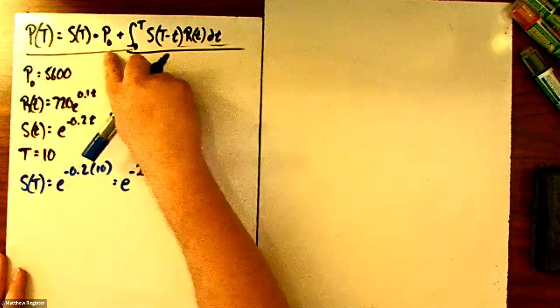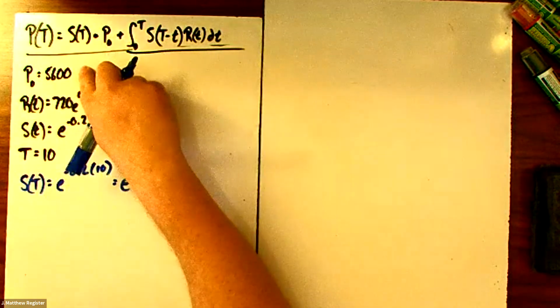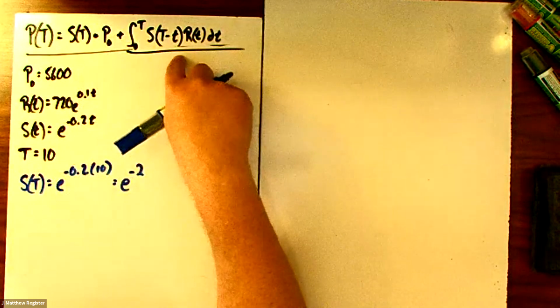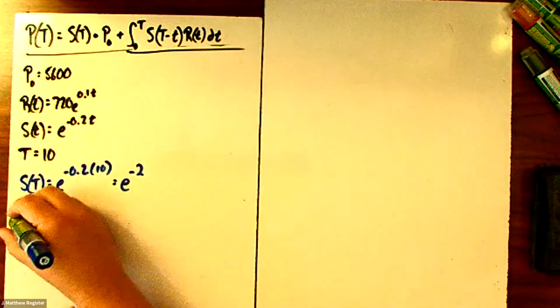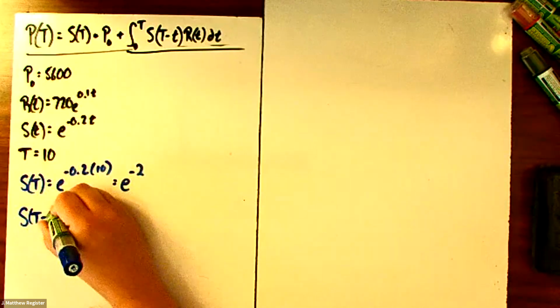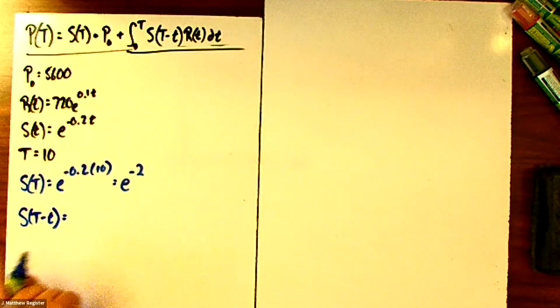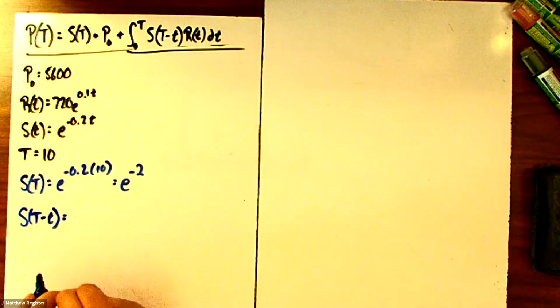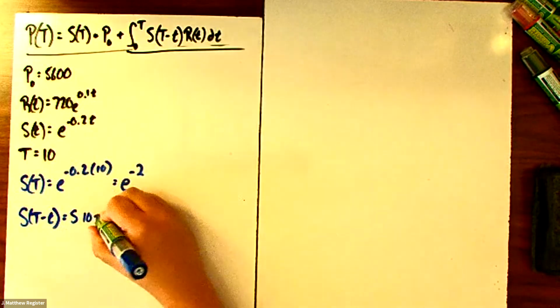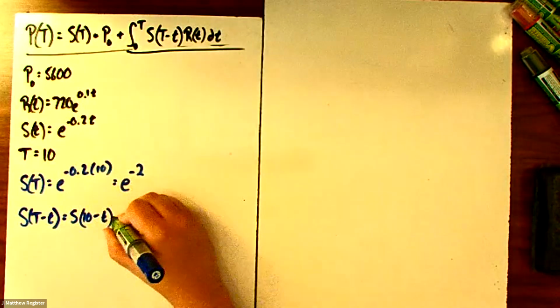We then have P naught, which we already have. We have S of big T minus little t. That's going to be the complicated one. Well, big T we know is 10. And so this is S of 10 minus little t.